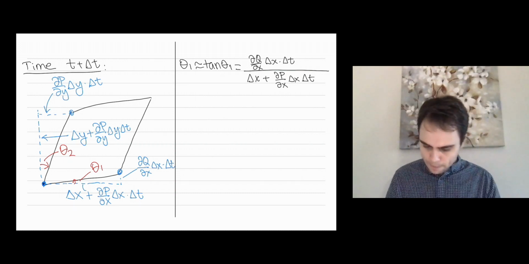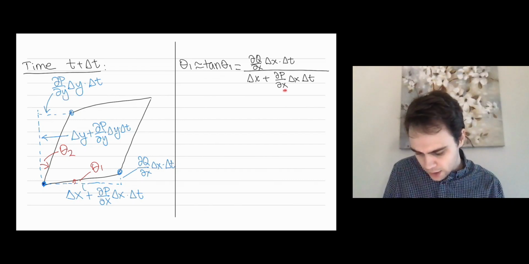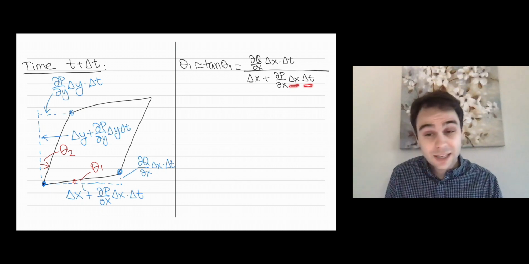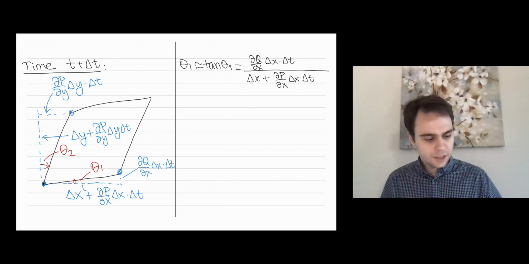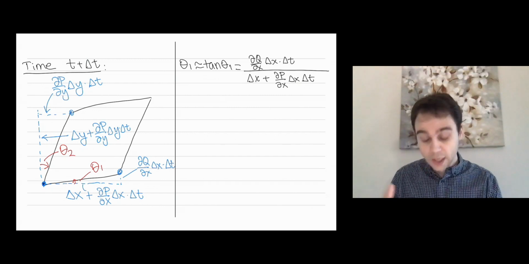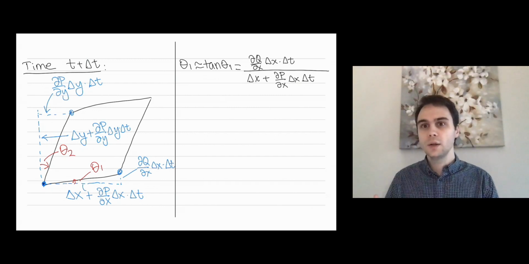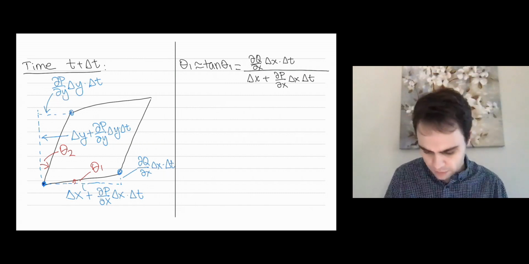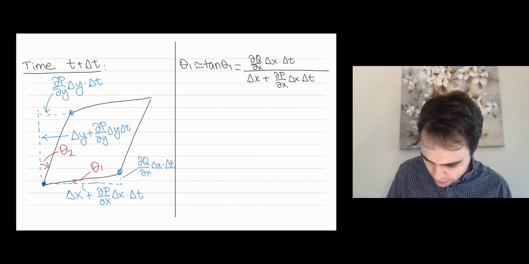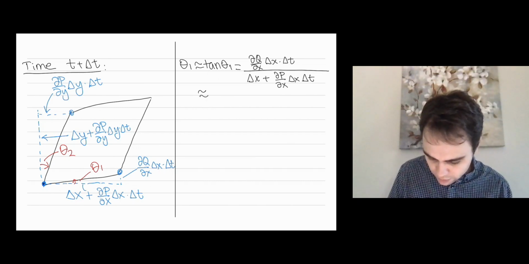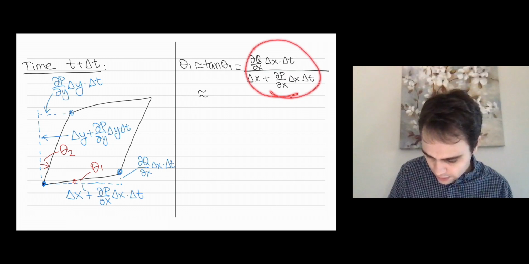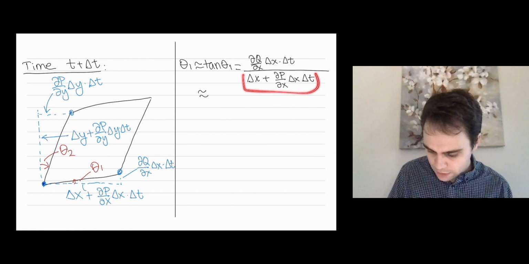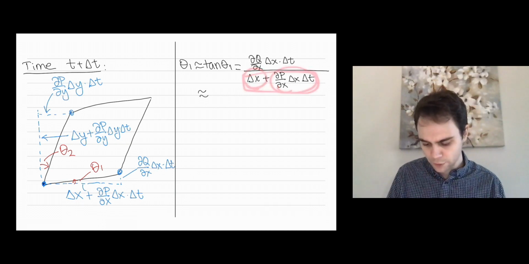Now, here's the thing. Delta x is a small number, but delta x delta t is way smaller, because delta t is really small, right? If you divide a number by 0.1 or by 0.10001, that's basically the same thing. So I can approximate this quotient: I can ignore the second part in the denominator, because it is way smaller than the first part.